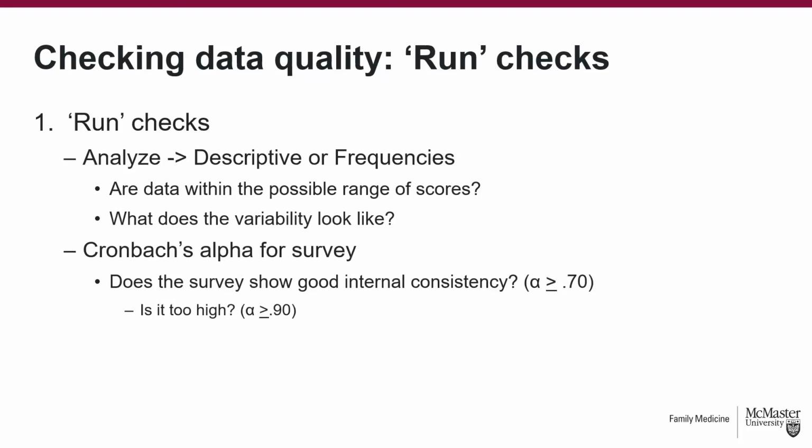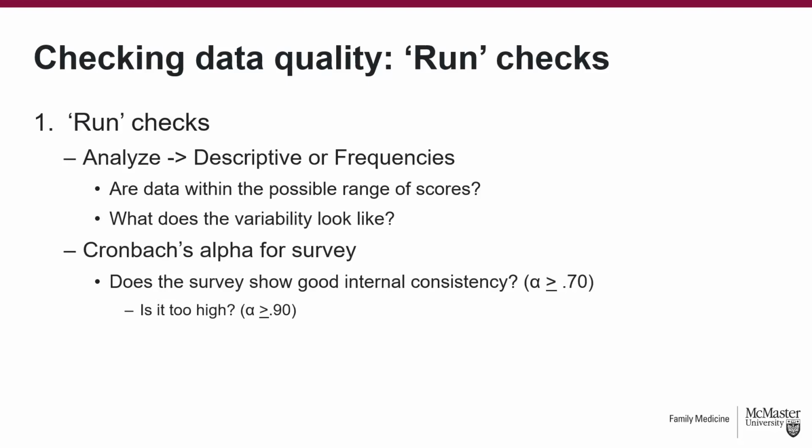Sometimes the internal consistency of surveys is too high. Say you have 10 questions and you've calculated your Cronbach's alpha, and it's 0.97. That tells me, first of all, that the survey should be looked at again, and you could probably get at that concept with 2 of the items, not 10.